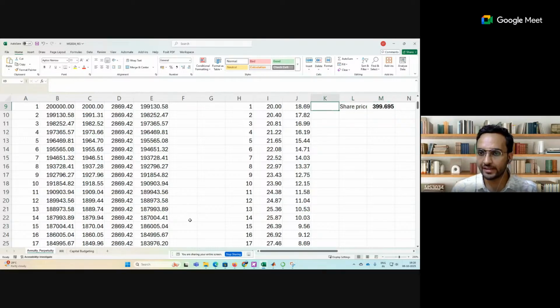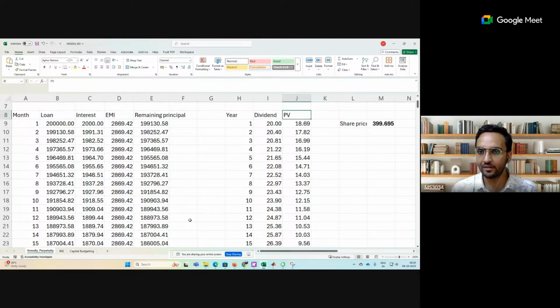Why is it not exactly equal to 400? Because for that you have to take an infinite number of periods, which is why we get a slightly lower amount than the actual value. You can do these calculations for different numbers of years.